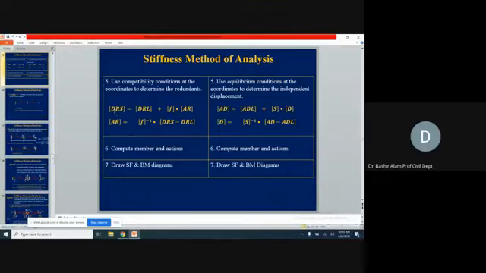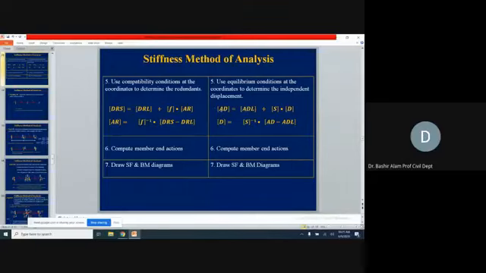Here we have DRS, the displacement in the release structure corresponding to the restraint action, and the S was from the settlement. This is the precondition.